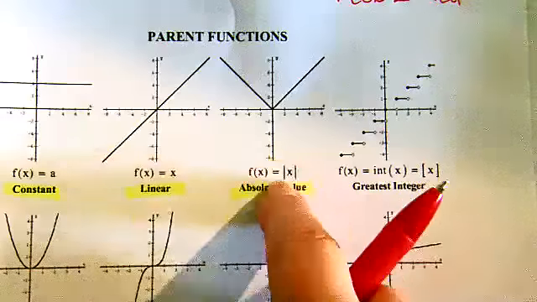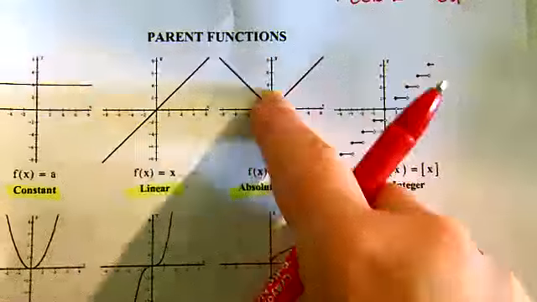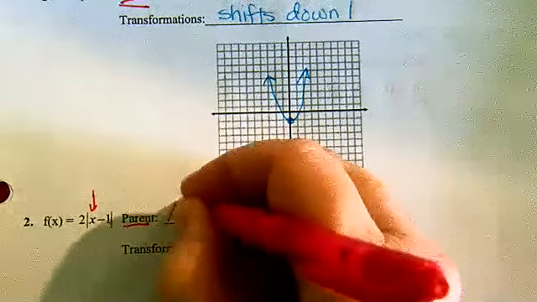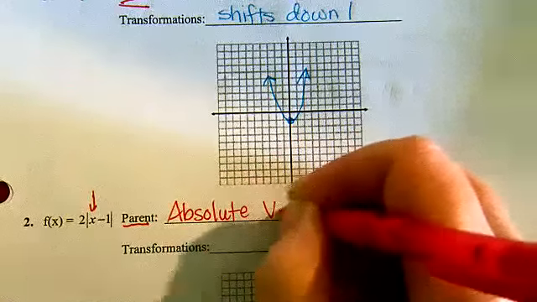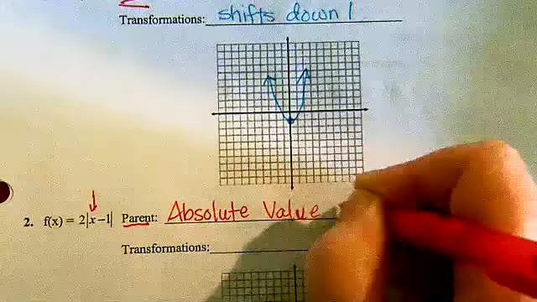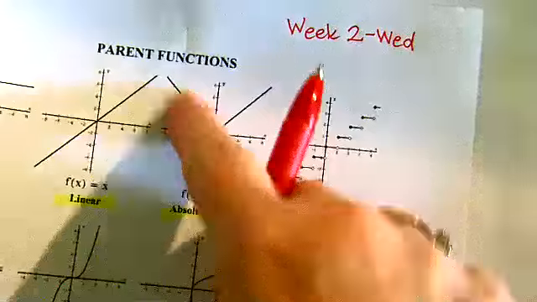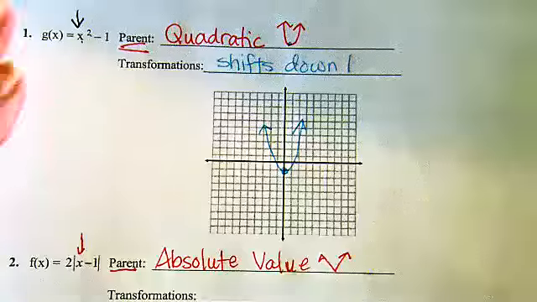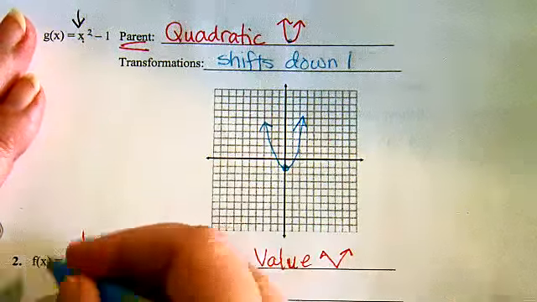But here's the bars, and it says absolute value, and there's the bars, so it's in this family. So this one is part of the absolute value family, which means it's some version of that V shape, because all of those have the V shape.